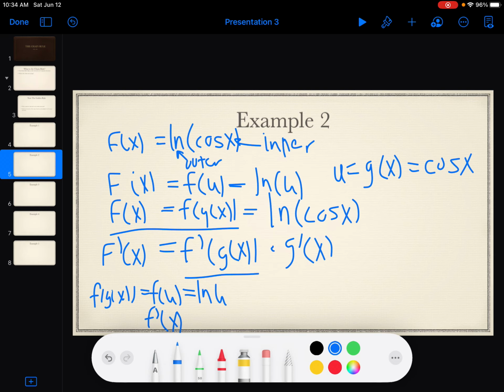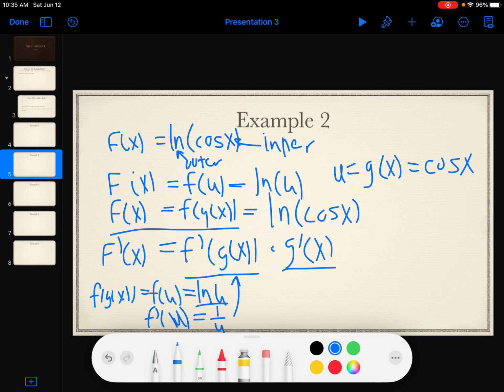What's the derivative of ln of some, oh, that's x, don't worry, u? It's just 1 over u. So there we go. We found our first part. Done. And we substitute g of x in for u, and g of x is just cosine x, so that's just 1 over cosine x.